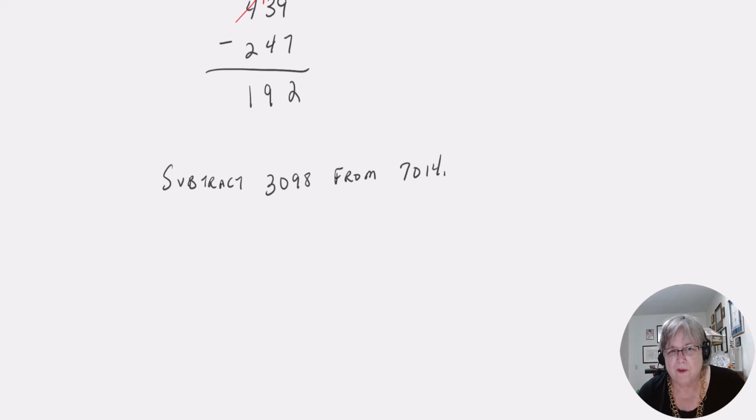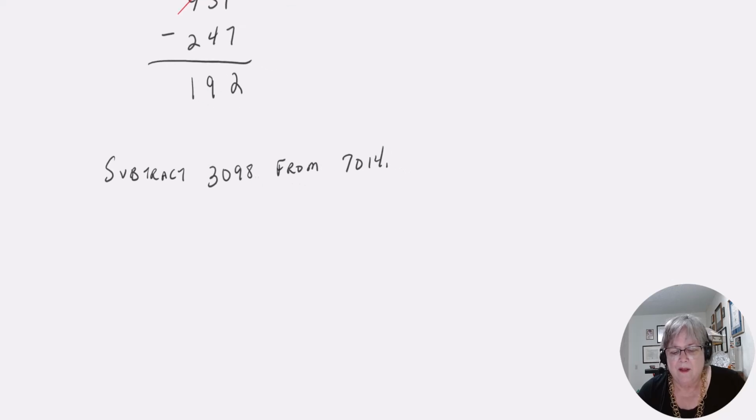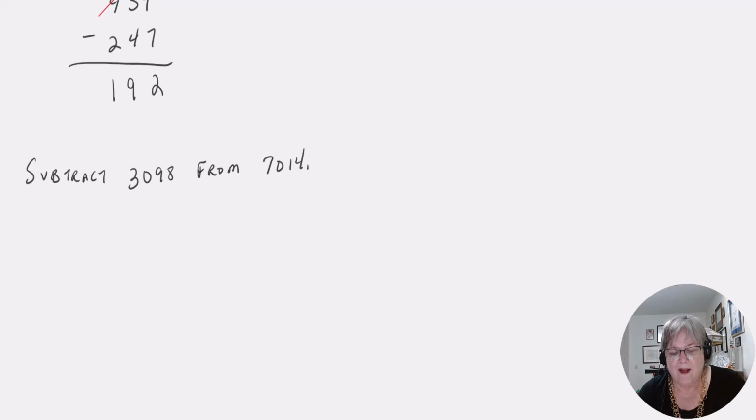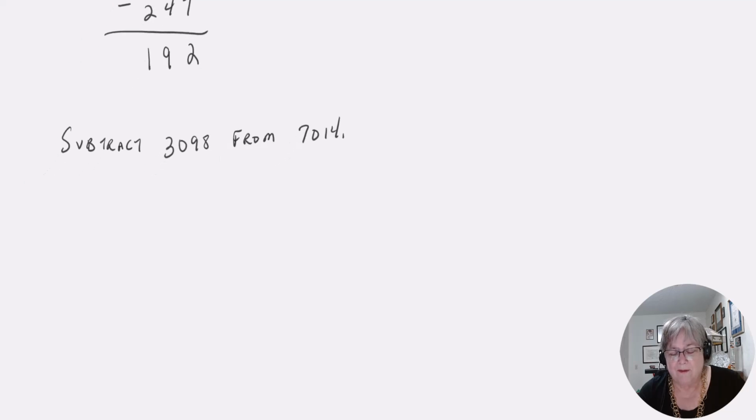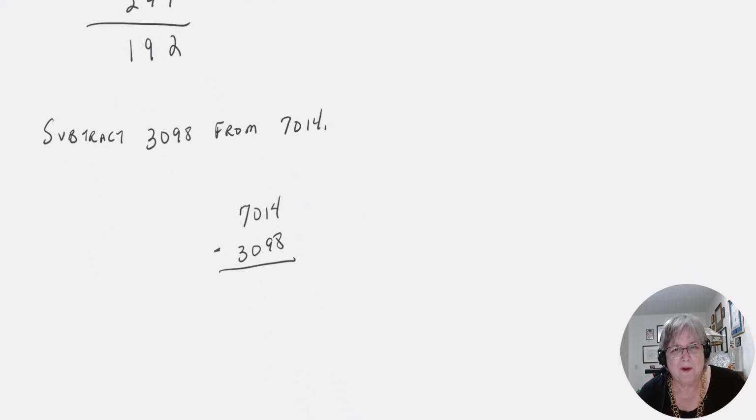Subtracting 3,098 from 7,014 implies that you started out with 7,014 and you subtracted this number from it. Don't get caught in the error that says we always subtract the smaller one from the bigger one. There are negative numbers we're going to cover much later.